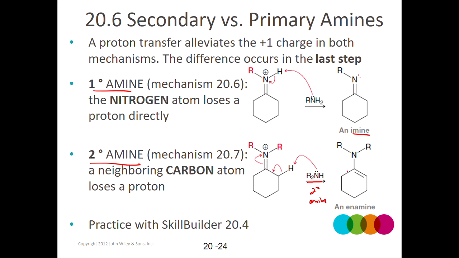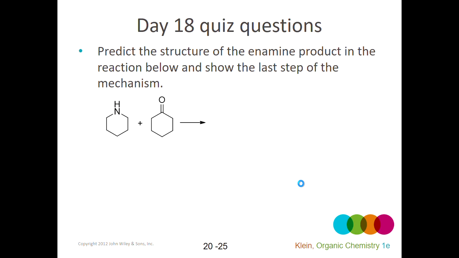Electrons would swing and push those up, and I would get an enamine as a product of that reaction. And so that's pretty much what the second quiz question was all about, right? Technically that only asked you to show the last step of the mechanism. I really liked how most of your groups showed the full mechanism, so you can at least get practice with that and some feedback on it.